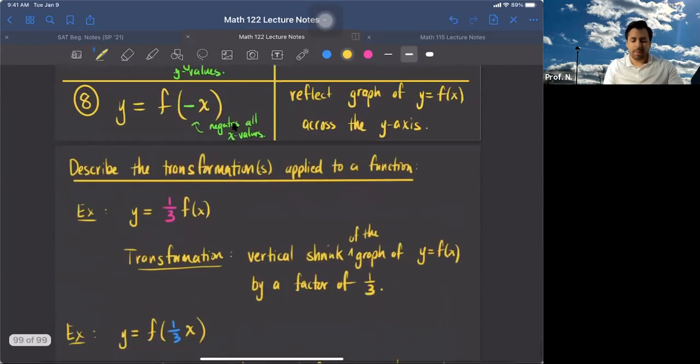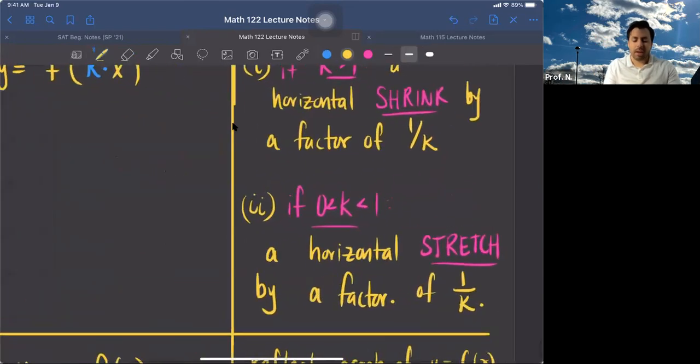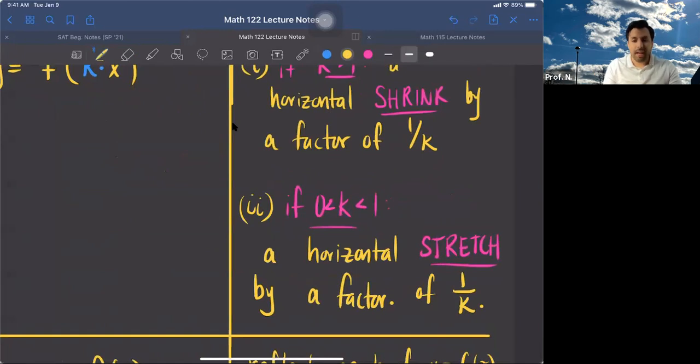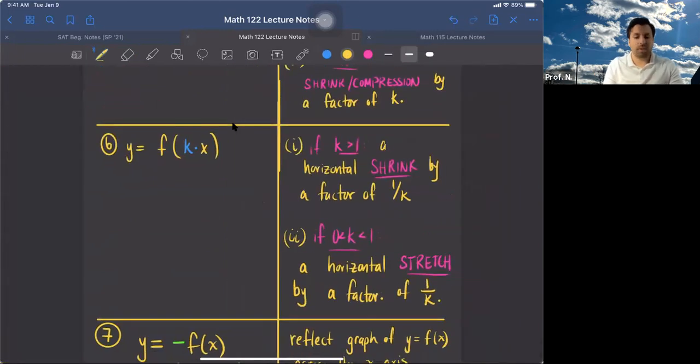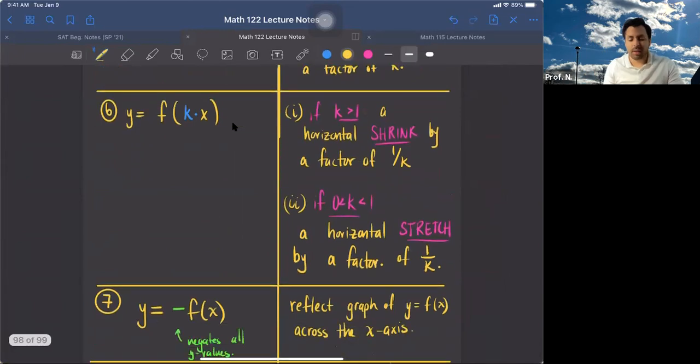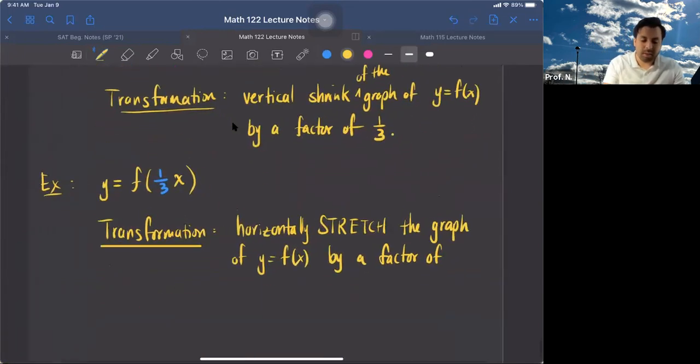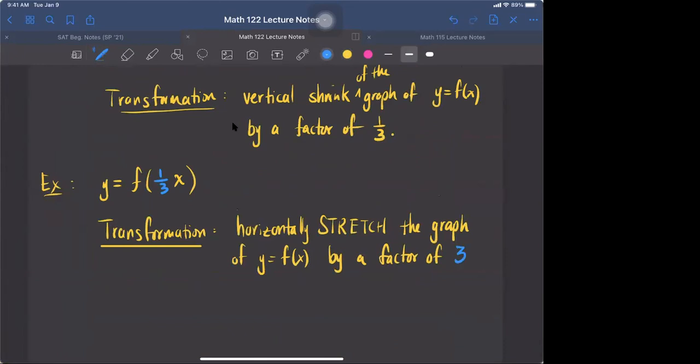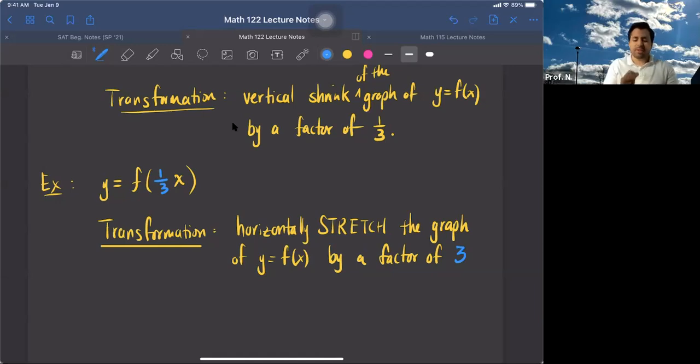So remember, if we look back at our command, we're stretching it by a factor of 1/k, but what is k in this case? k is 1/3. So it's 1 divided by 1/3, which becomes a factor of 3. So we're stretching it by a factor of 3. I know it's a little weird, especially the horizontal stretching and compression.